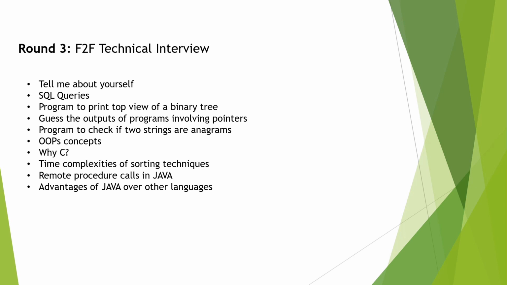Then he asked me to explain OOPS concepts and real-time examples, which is a very frequently asked question. The next one was where and why we are still using C when we have better coding languages compared to C. Then he asked me about sorting techniques and their complexities, and questions like why radix sort is not used and which sorting technique is used when the array is sorted.